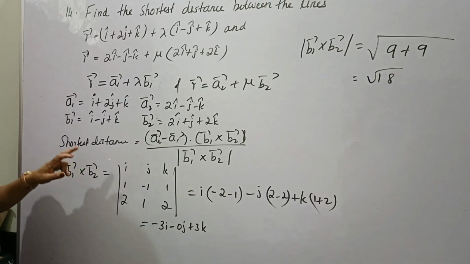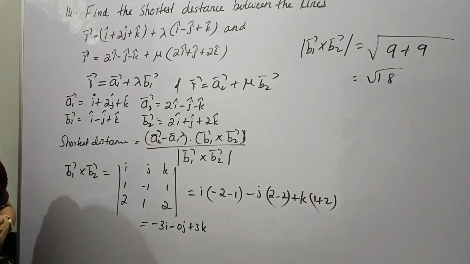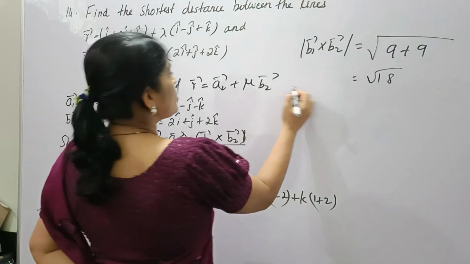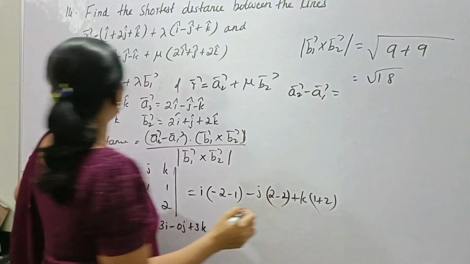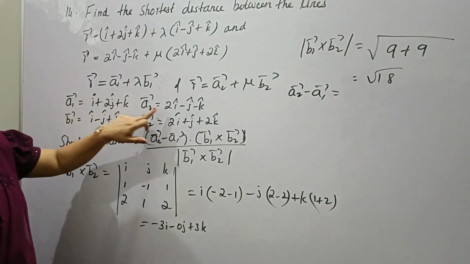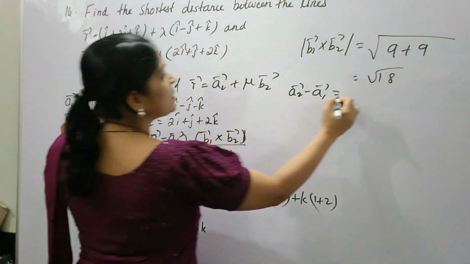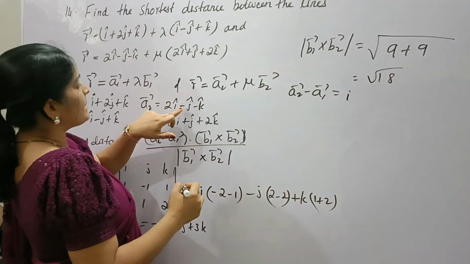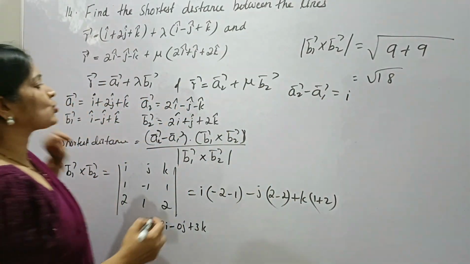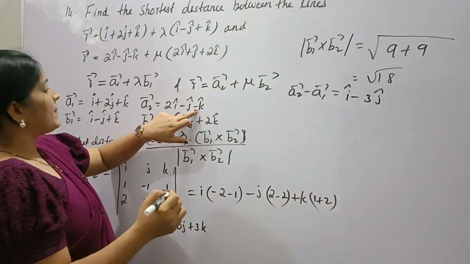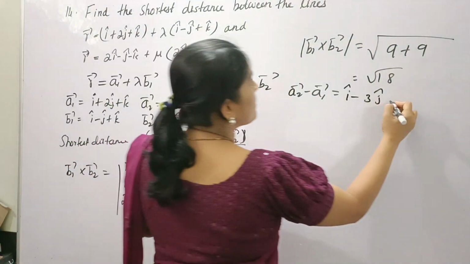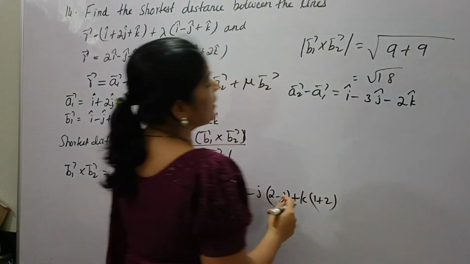Okay. Next we need to find vector A2 minus vector A1. So what is vector A2 minus vector A1? It is (2 minus 1) 1 i, (minus 1 minus 2) minus 3 j, (minus 1 minus 1) minus 2 k.